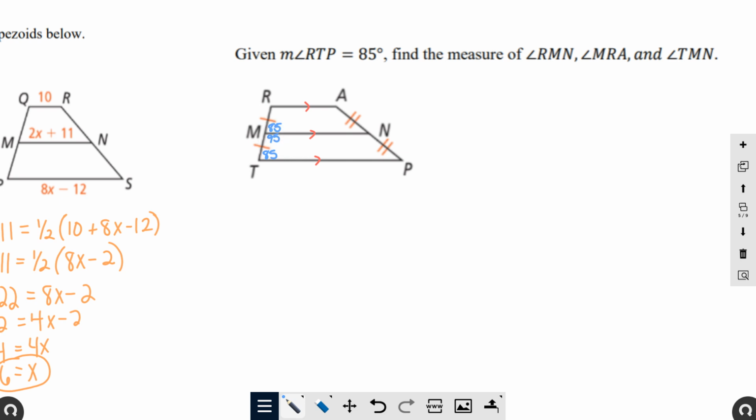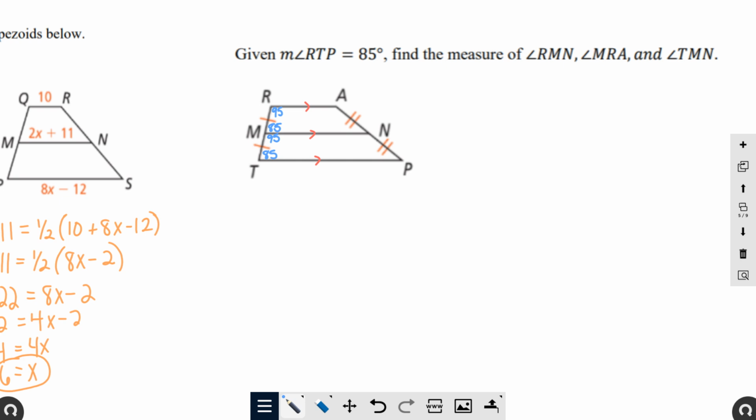And again, because of corresponding angles, this bottom angle at M should equal the bottom angle at R, or the only angle at R, which would be 95. Also, M and R are same side interior if you look at just that upper trapezoid.